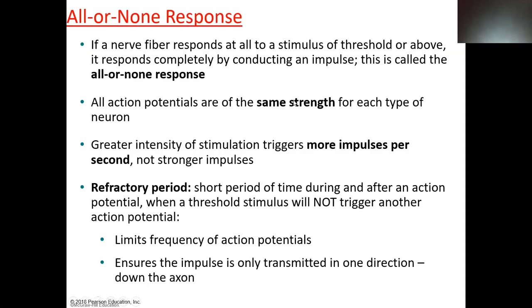All action potentials are of the same strength, but not necessarily the same frequency. So if you have a greater intensity of stimulation, for instance, my example earlier was you walk outside and there's a gentle breeze. If, however, you walk outside and there's a massive tornado and trees are falling all over the place and you're basically being hit in the face by wind, that is going to be a different type of stimulation to your neuron.